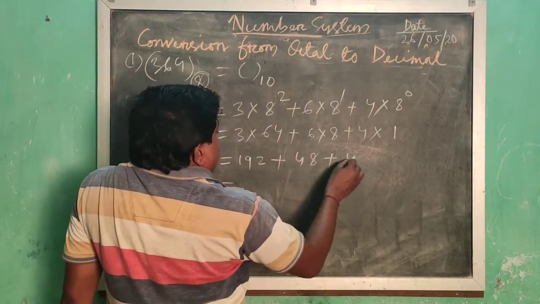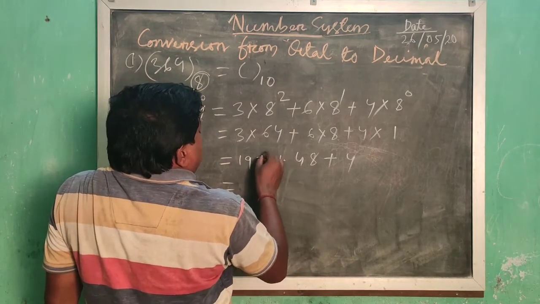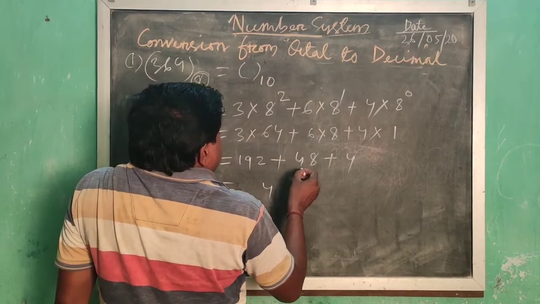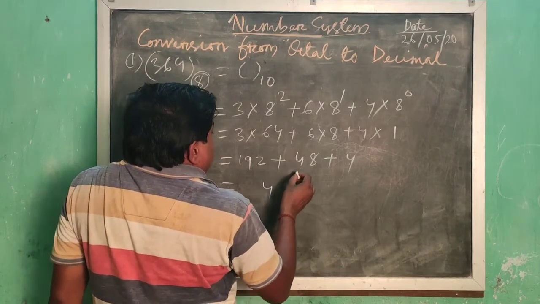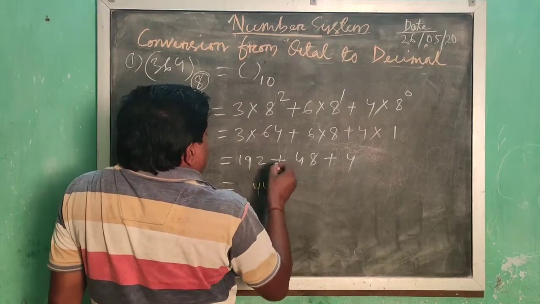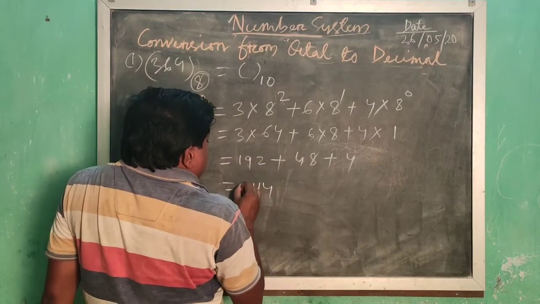Then 8 fours are 12, 13, 14, 4 left 1, 9 fours are 13, 1 is 14, 4 left 1, then 1 1 2.